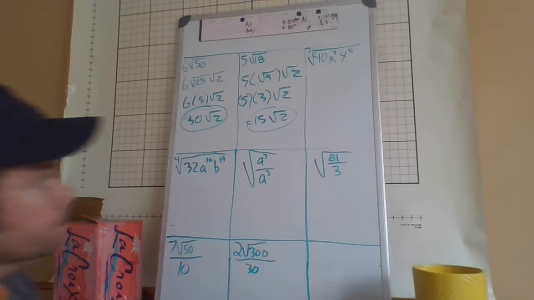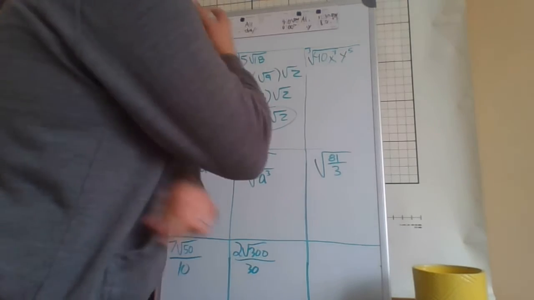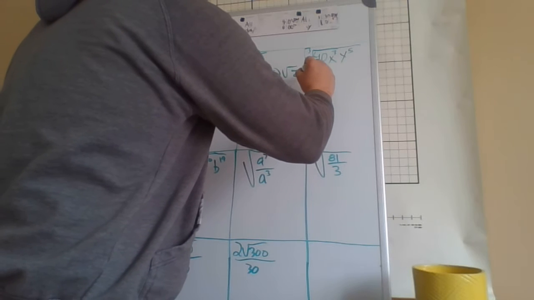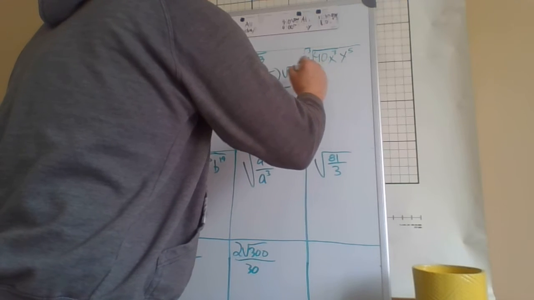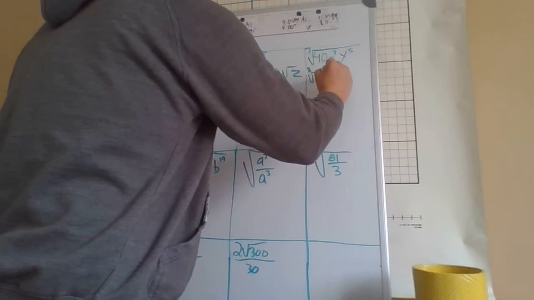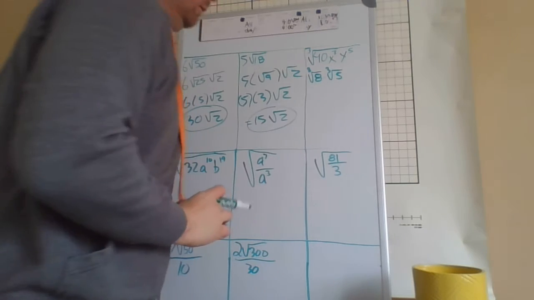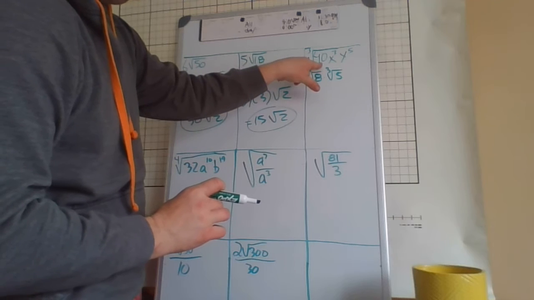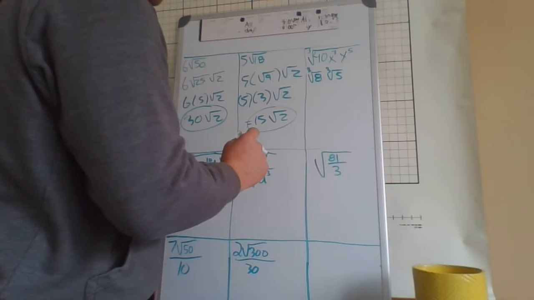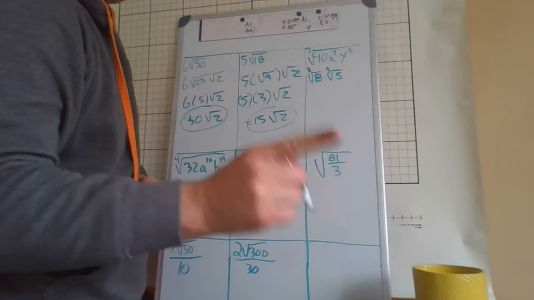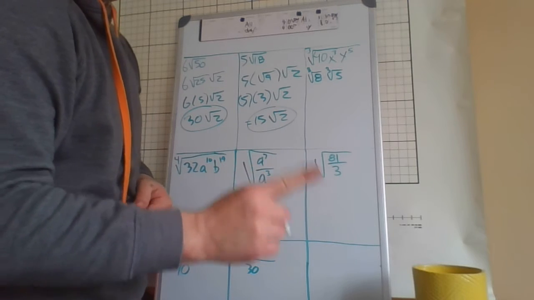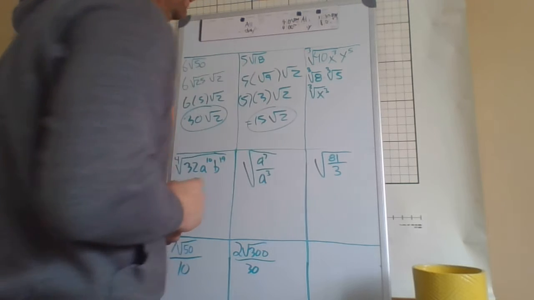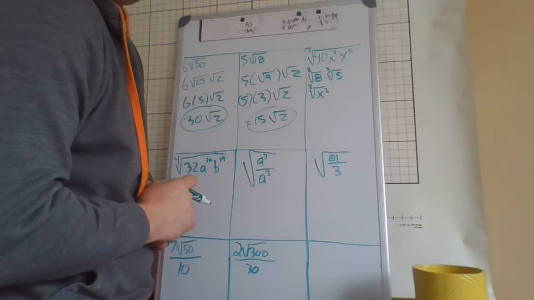So for 40, 8 goes into 40. So I can say this is the third root of 8 times the third root of 5. That's what I get when I break this up. X to the third is already a perfect cube, so I'm just thinking the third root of x to the third.